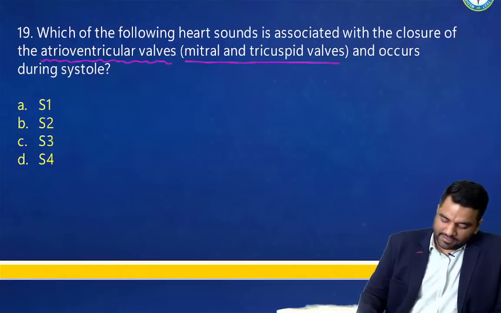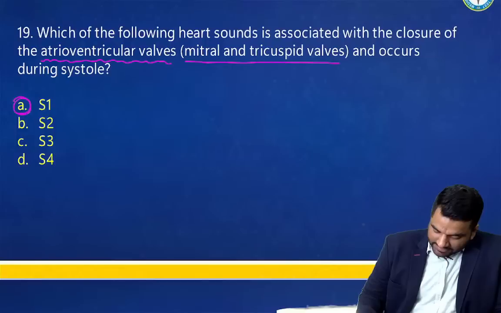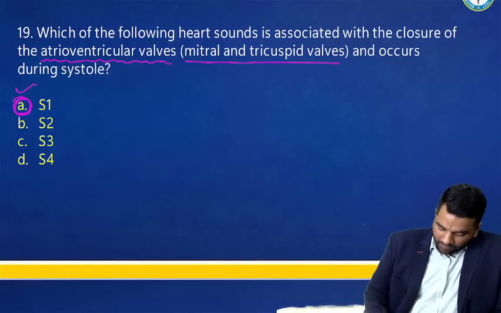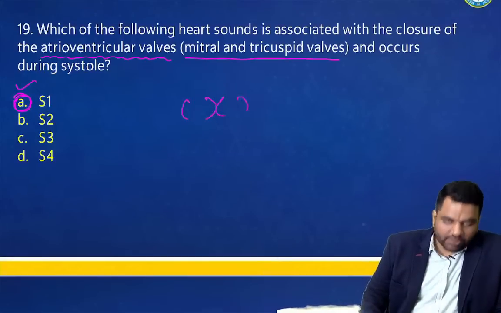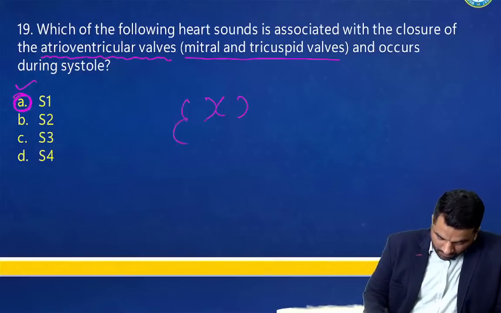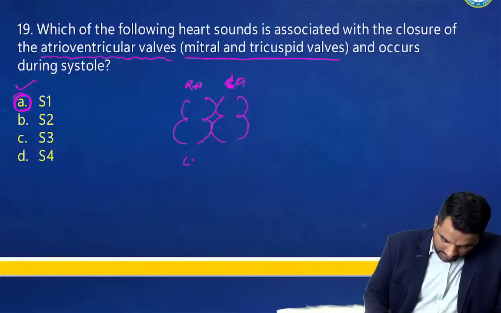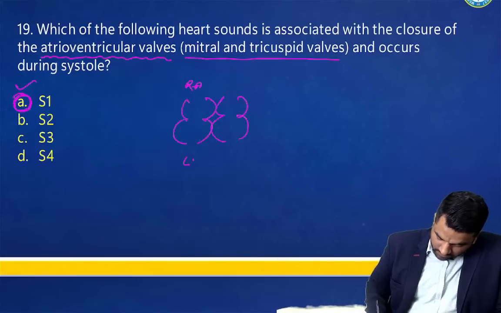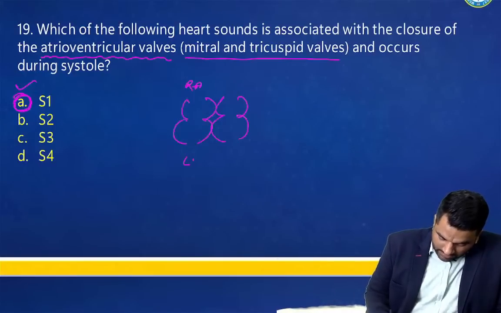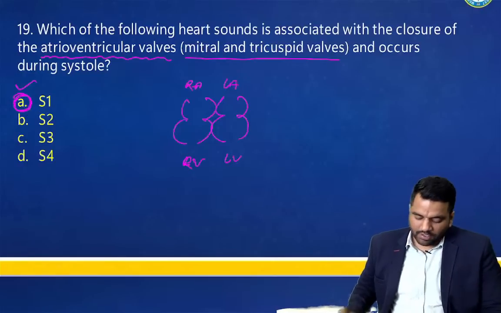Very good, guys. This is your S1. In the class, I told you that suppose this is your heart: this is the right atria, right ventricle, left atria, left ventricle.